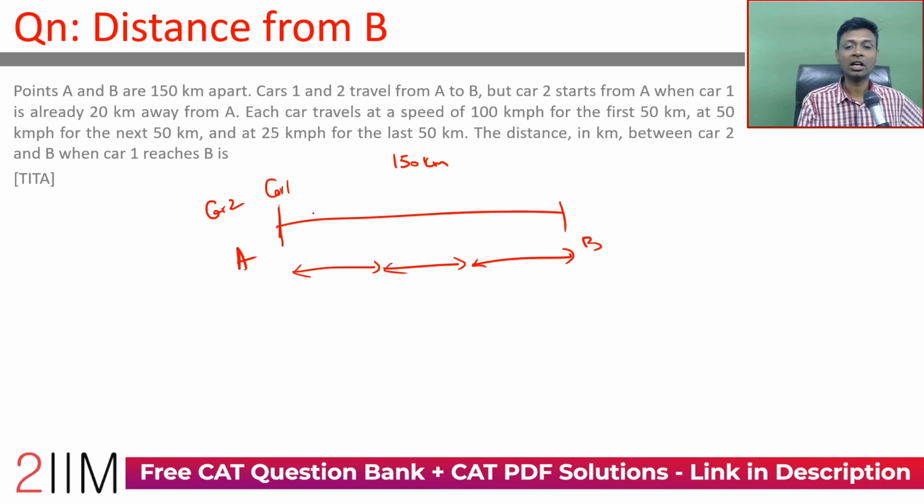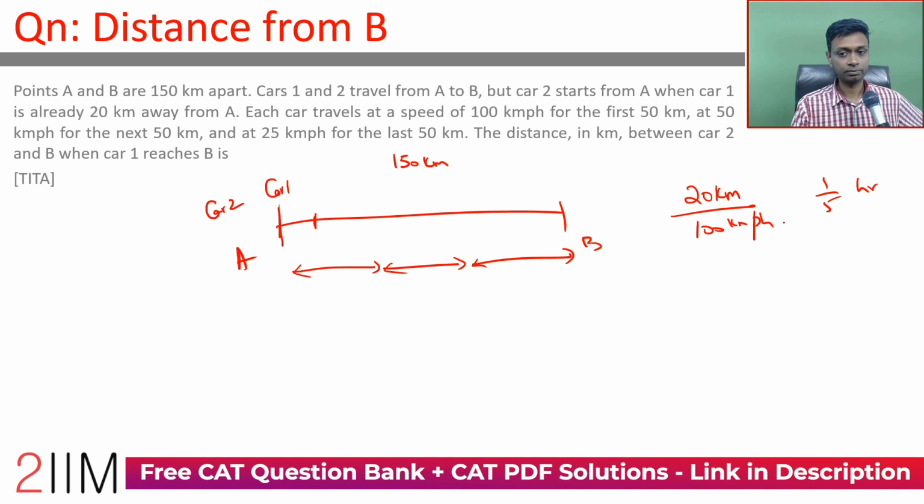So think about this. Car 1 is 20 kilometers away from A. Car 1 travels at 100 kilometers per hour for the first 50 kilometers, so for the first 20 kilometers, car 1 would have taken 20/100 of an hour, which is 1/5 of an hour, so 12 minutes.